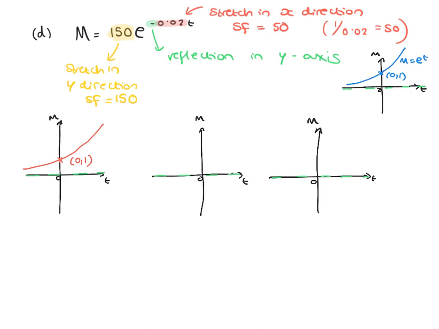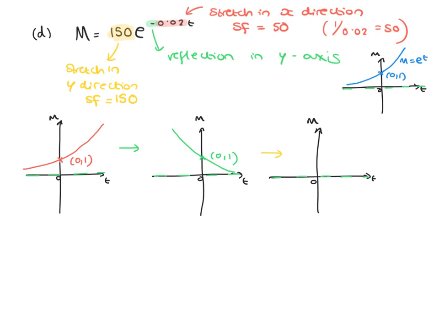We then have a reflection in the y-axis, which is the next stage here. So the graph simply switches in a mirror image like so. The y-intercept still doesn't change. And in the last stage of the transformation, we then multiply all the y-coordinates by 150.